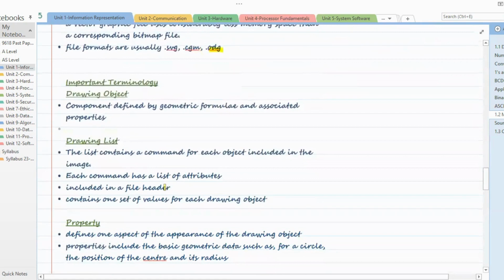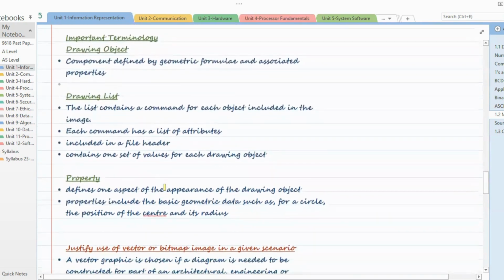All right. Now, important terminology related to vector images. Number one, drawing object. A drawing object is the basic component of any image. A component defined by a geometric formula or associated properties is called a drawing object. Now, each drawing object has a drawing list. This list contains a command for each object included in the image.